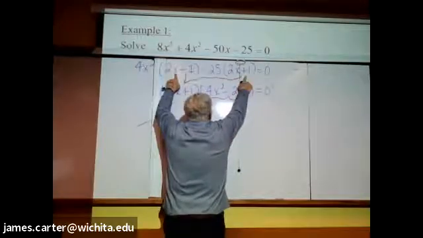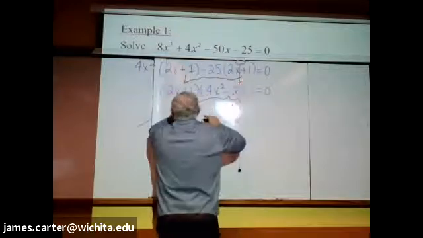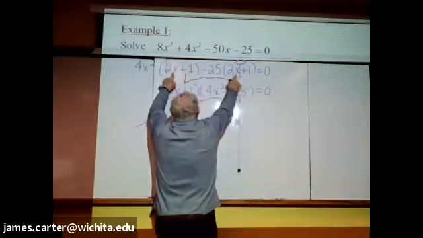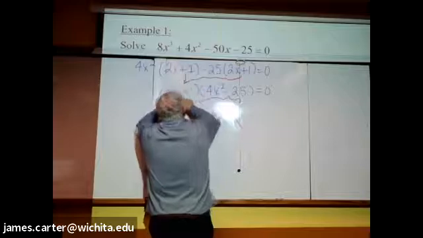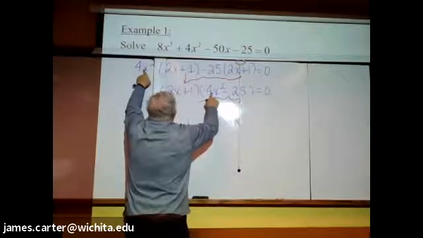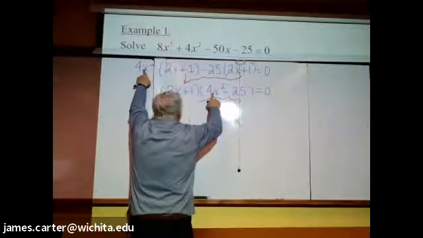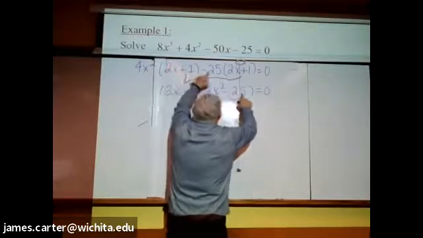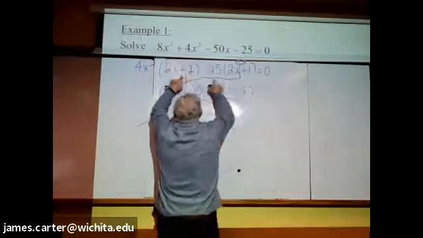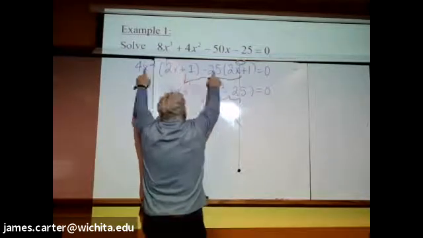Okay, I've got a 2x plus 4 in both of these terms. So I factor out that 2x plus 4 right here. Since this is a product here, I also have this 4x squared and that negative 25, because I factored these out of that.